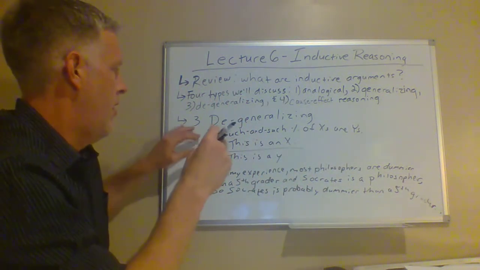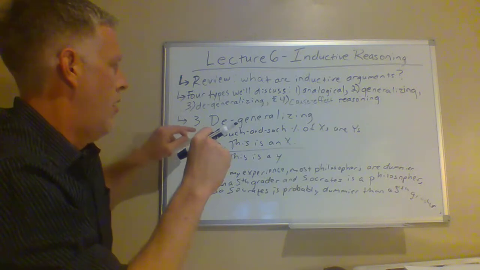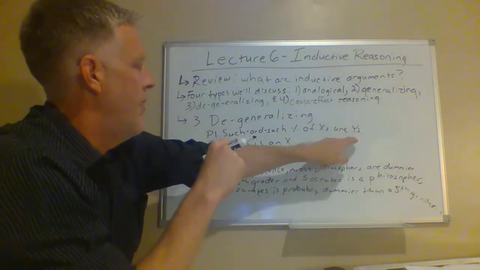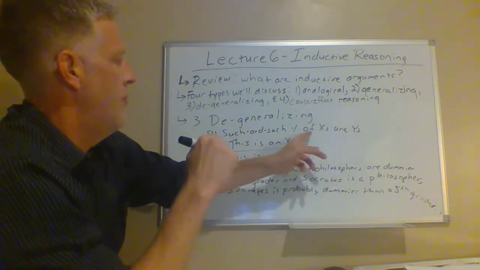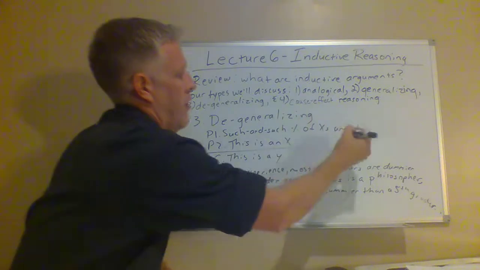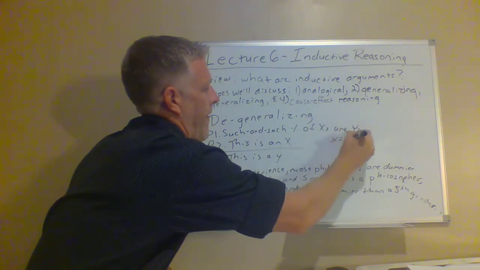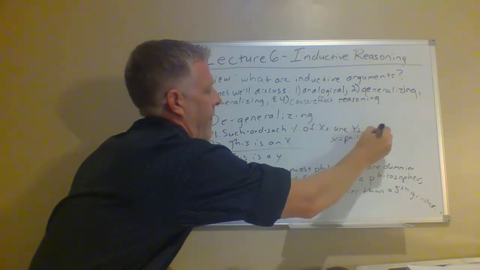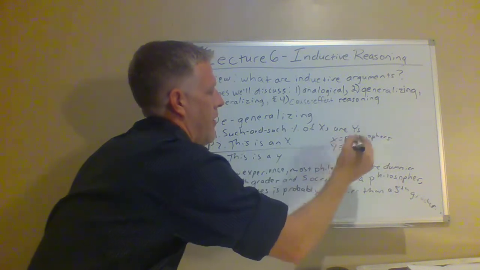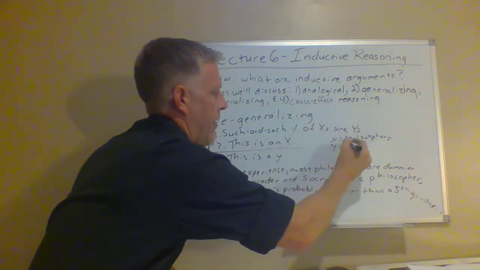Okay. So look, we know most philosophers are dummier than a fifth grader. So most x's, so x's are philosophers, right? In this example. And y is dummier than a fifth grader.